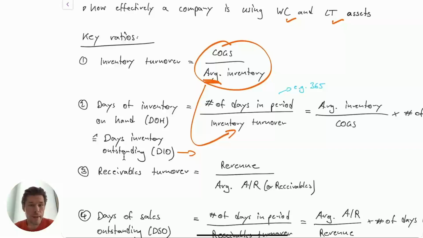A lower DIO indicates faster inventory turnover, and a higher DIO may suggest slow-moving inventory or inefficiency. Whereas DOH, days inventory on hand, measures how many days a company can operate with its current inventory level before running out. Sometimes it's calculated a bit differently.